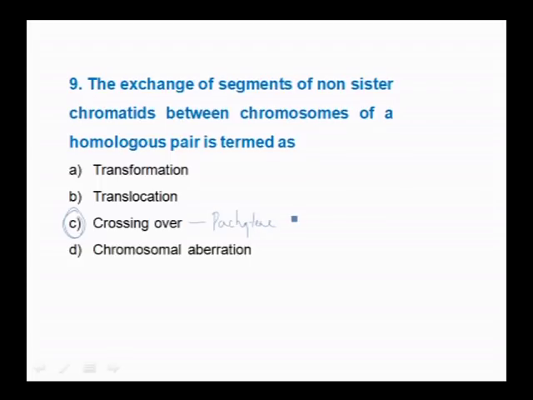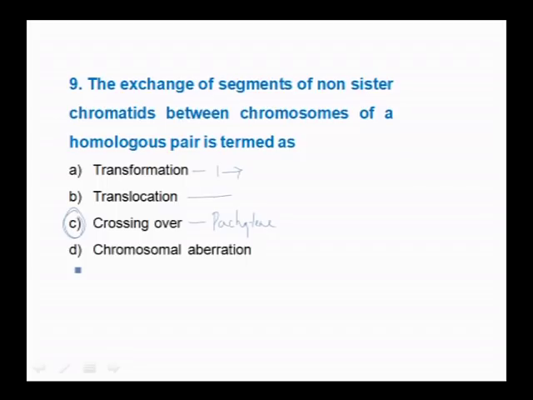Now let us understand why the others are not the option. A refers to transformation. Transformation is conversion of one form of cell or bacteria into another type. Translocation indicates the exchange of fragments of chromosomes or chromatids between non-homologous chromosomes. So it is a kind of mutation or problem associated with DNA, you can consider.